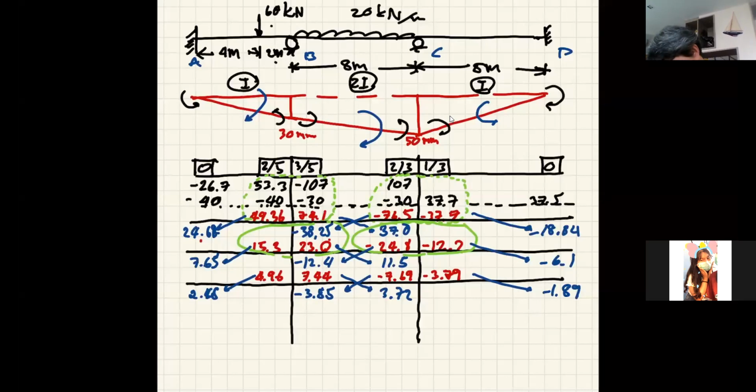Okay, so balance it one more time, and let's say I have 1.54 here, I have 2.31 here, I have minus 2.49 here, and I have minus 1.23 here.